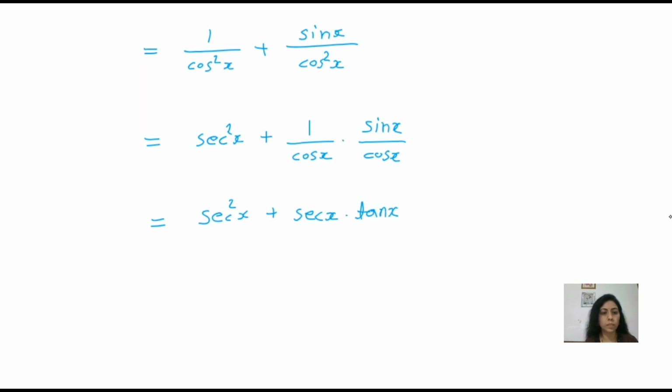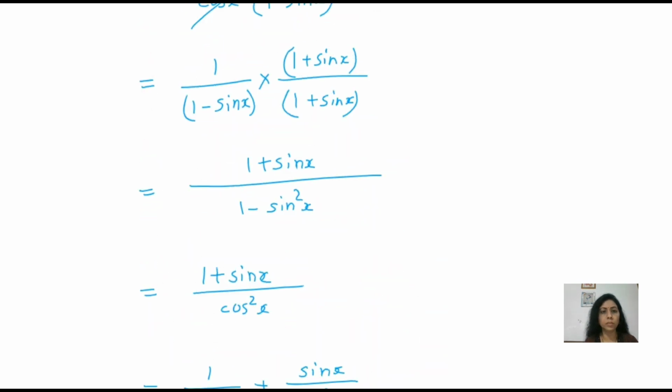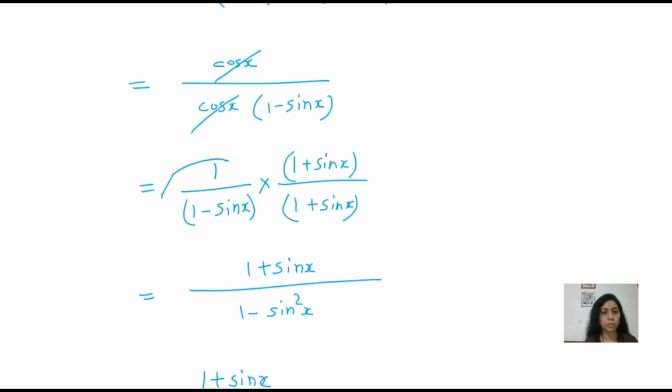If you want to take sec x common, it's good. So this is sec x times (sec x plus tan x), and this is also an answer. So you can give the answer in this form or this form. Okay, both are correct.